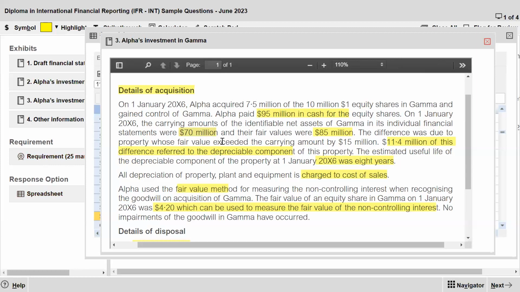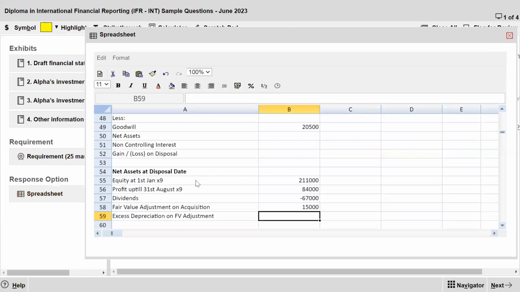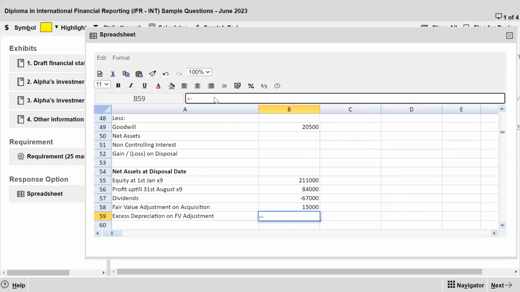So how many years have passed since 1st January 2006 till now? It's minus 15,000 divided by 8 years, multiplied by: 2006 has passed, 2007 has passed, 2008 has passed, and this is basically 2009.